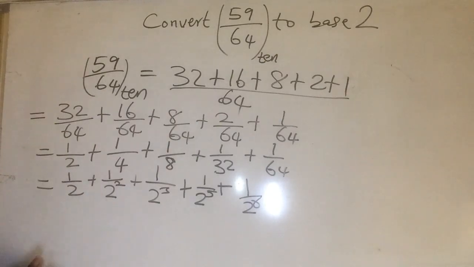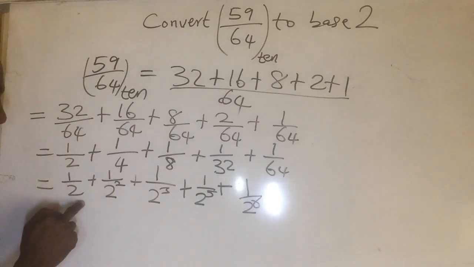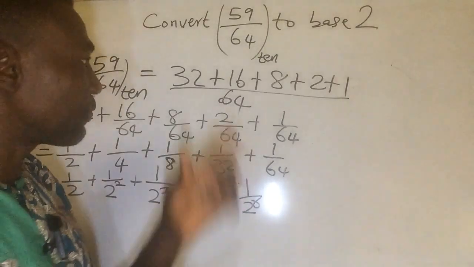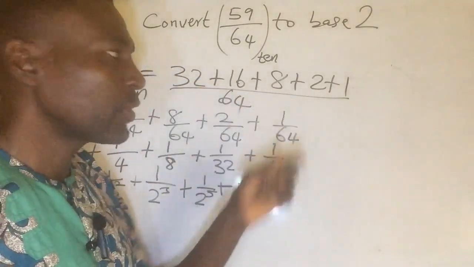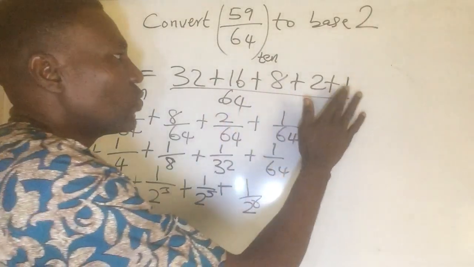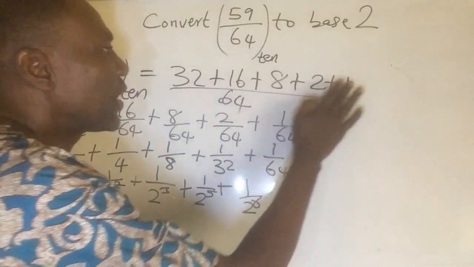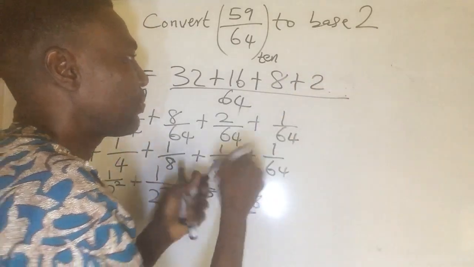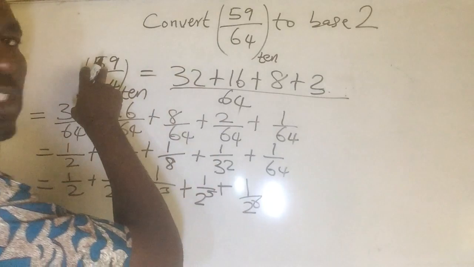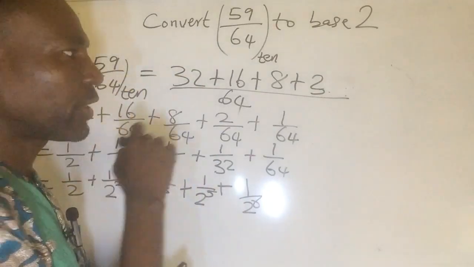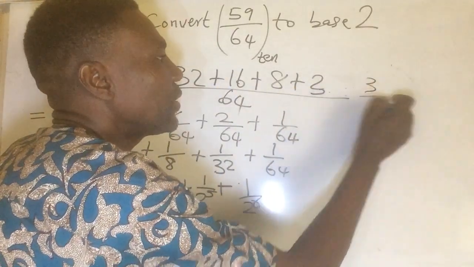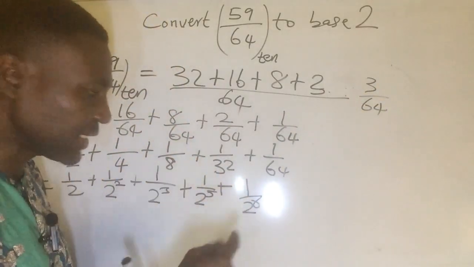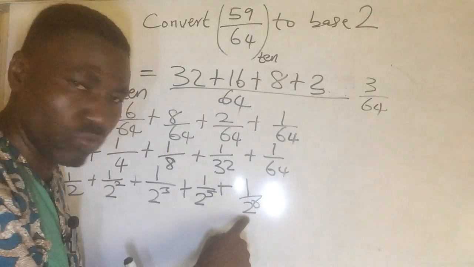Then we continue. Since we have succeeded in reducing all these things to 2, and the trick started from breaking the 59 down. If, after breaking it down, we end up with 3, for example, 2 plus 1 ending with 3, which if you add all of them, will still give us 59, you will notice that 3 over 64 cannot give us anything that will make us reduce the 64 to 2.